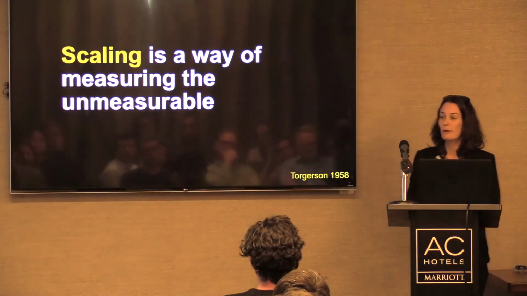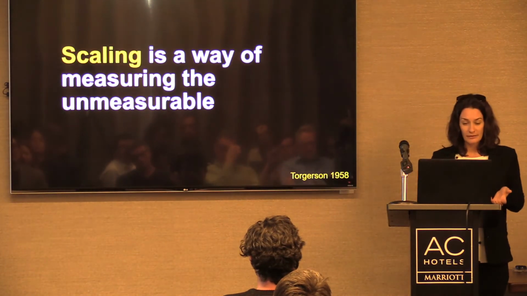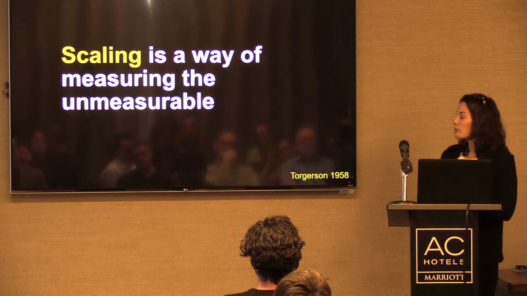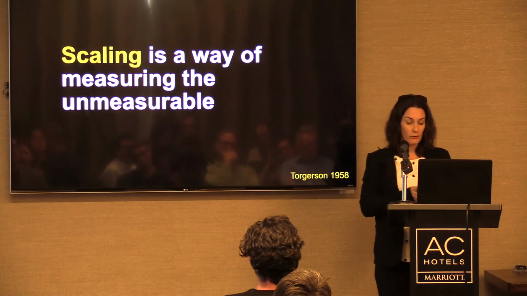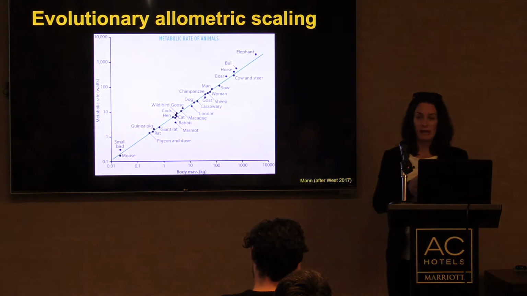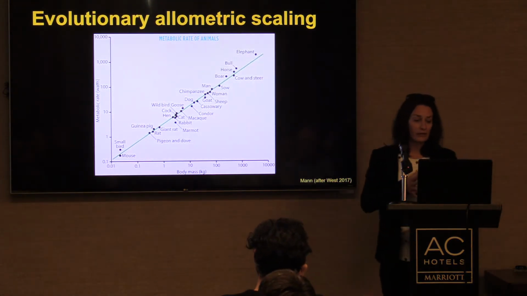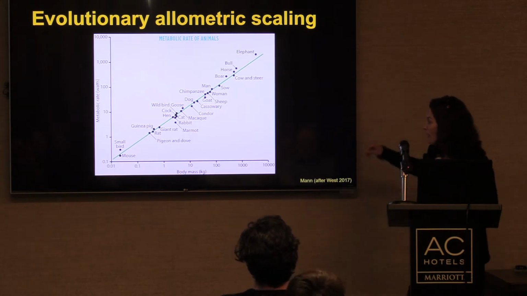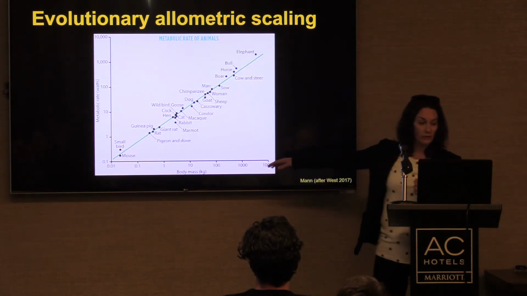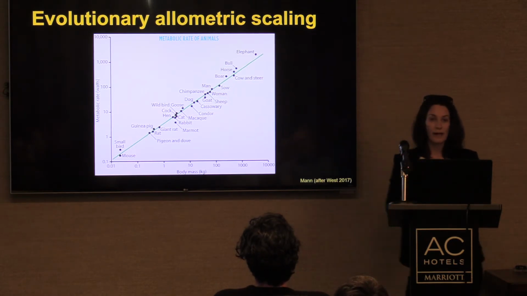But what I want to talk about more today is this idea of scaling. So scaling is a way of measuring the unmeasurable. And what do I mean by this? We've seen this graph here today, I think it was in Mike's presentation, of evolutionary allometric scaling. So this is body mass of animals on the x-axis and their metabolic rate on the y-axis.